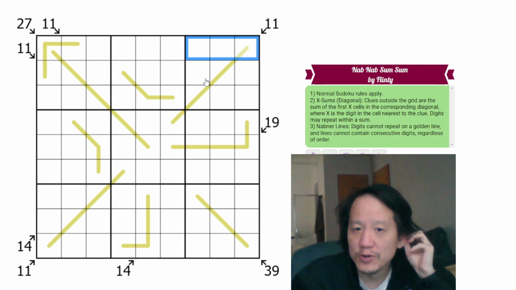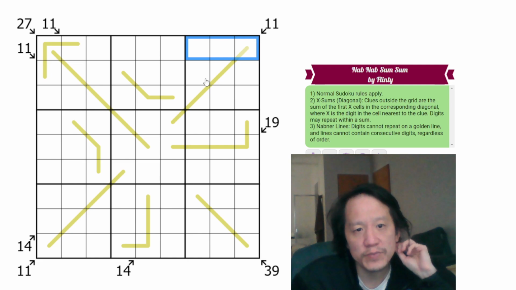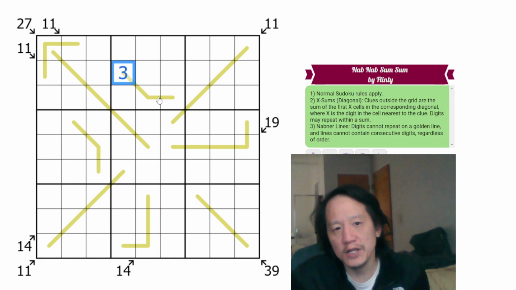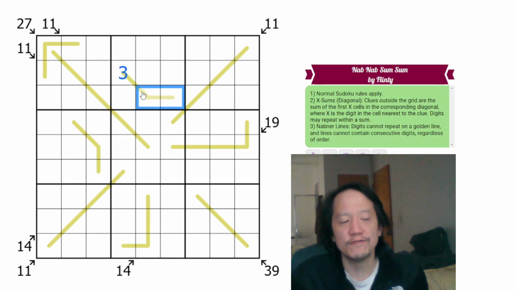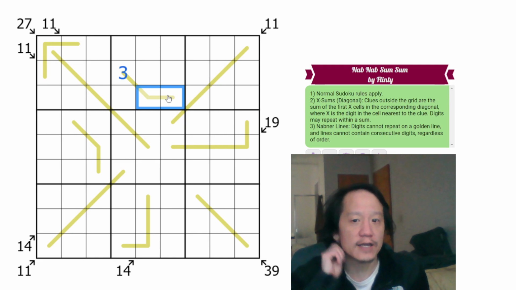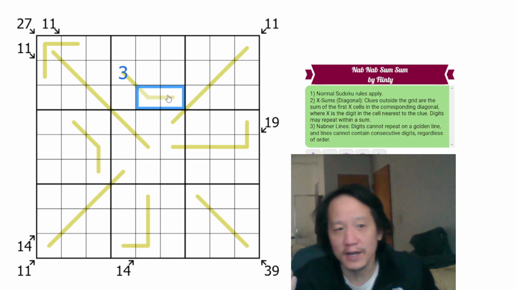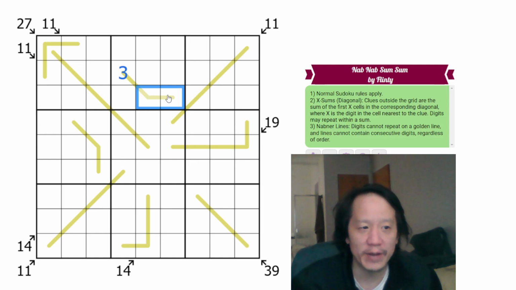Anyways, Nabner lines. Digits cannot repeat on a golden line, and lines cannot contain consecutive digits regardless of order. So basically, if you had, say, a 3 on this line, you could not have a 2 and a 4 on it, because that would be consecutive. And again, Nabner is basically the opposite of Renban, which is Nabner backwards.